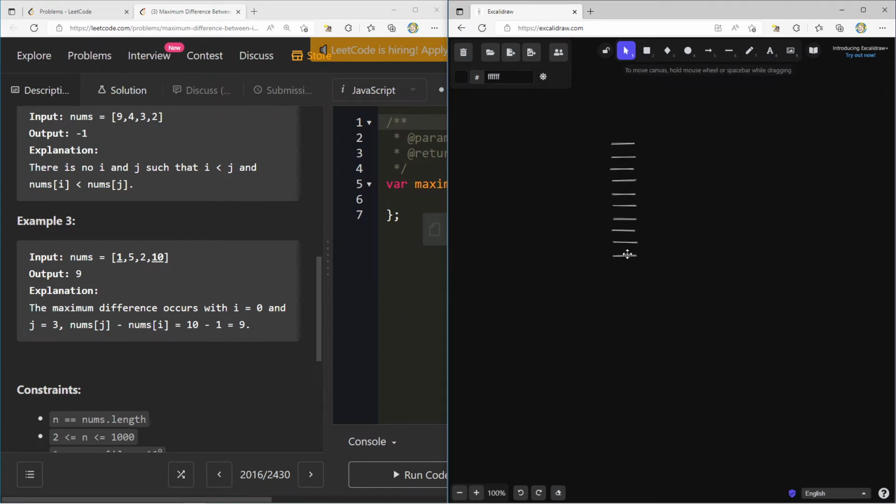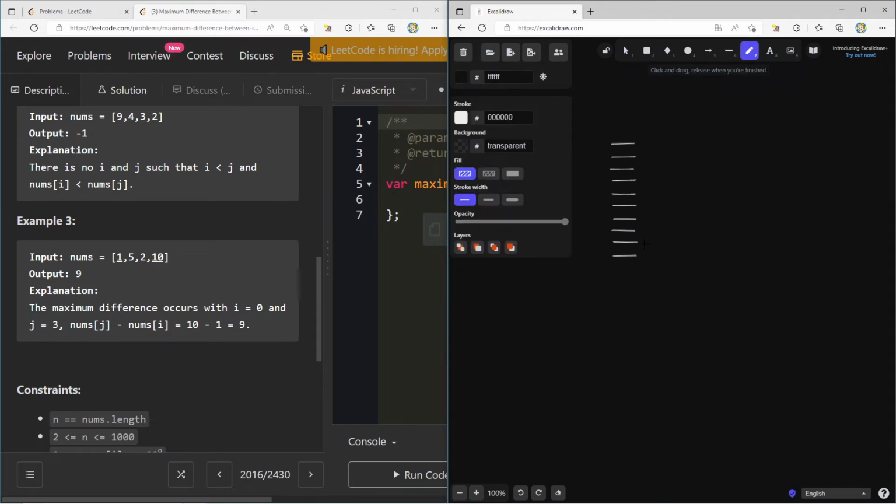Okay, so let's say this is up to 10. So let's say we start at 1, 2, 3, 4, 5. We'll go to 5. Then we'll go to 2, and then we'll go to 10. Let's say it's up here.